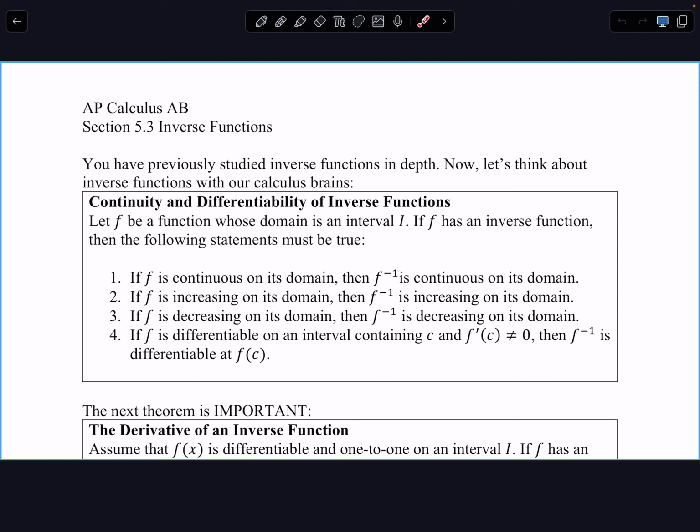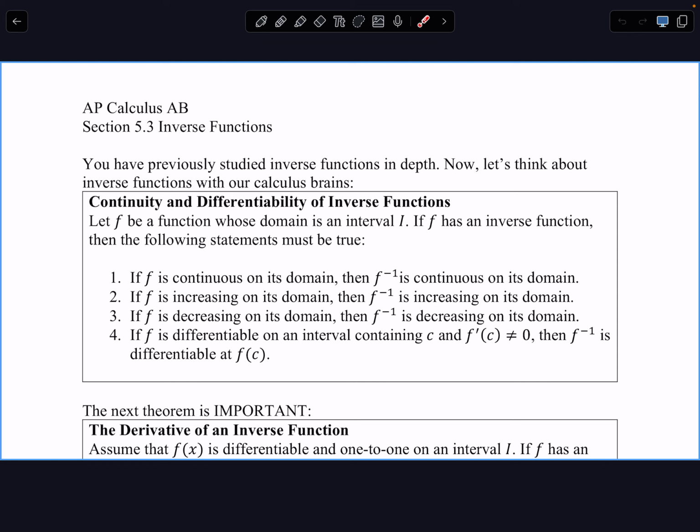Now, a function can be one-to-one and not be continuous, right? Like 1 over x is not continuous at 0. I guess it's continuous over its domain. But f inverse is also continuous on its domain.